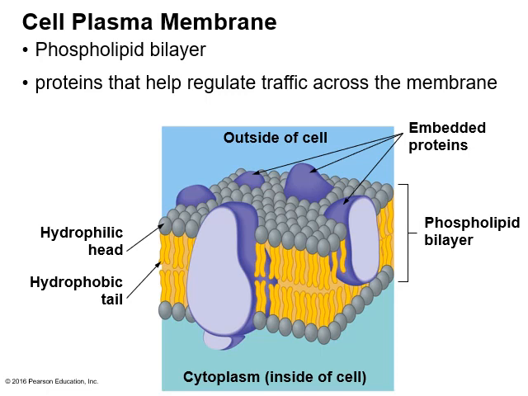So all cell plasma membranes are made of what's known as a phospholipid bilayer. And so this relates a little bit to what we talked about in the last chapter, right? So we talked about lipids, and we talked about these two terms right here. We talked about hydrophilic and hydrophobic.